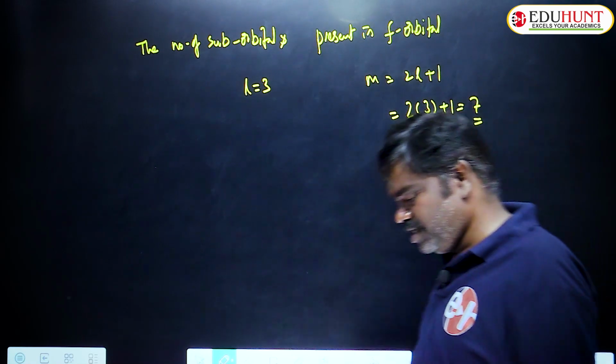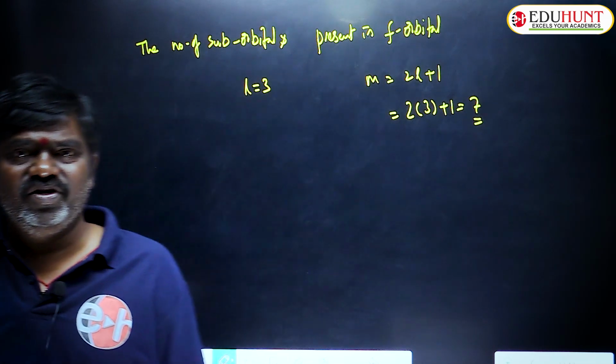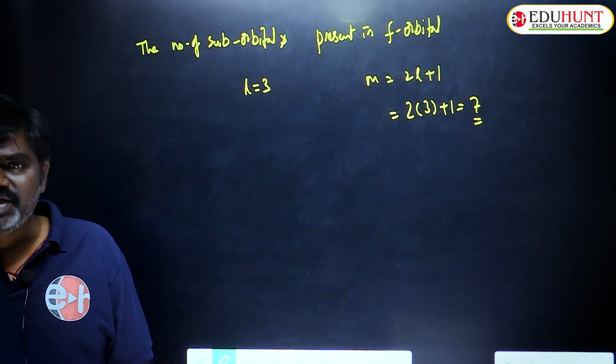So the f orbital contains 7 suborbitals.